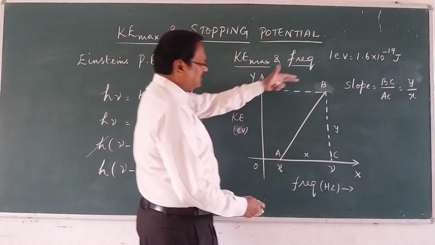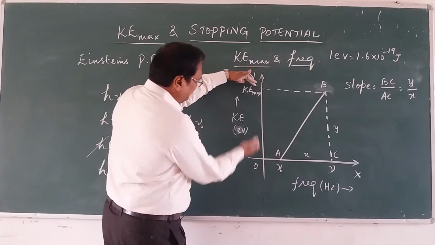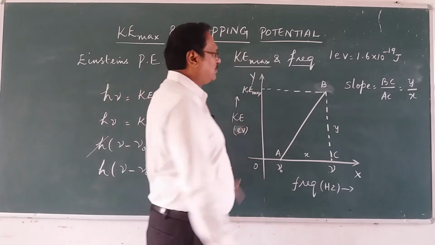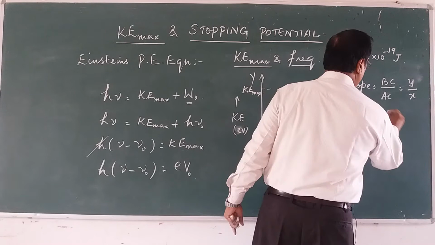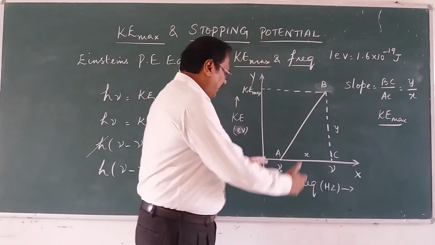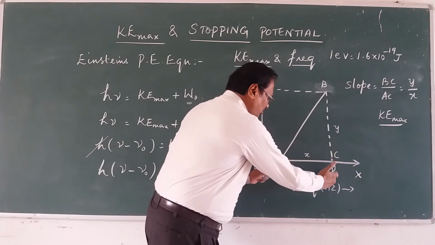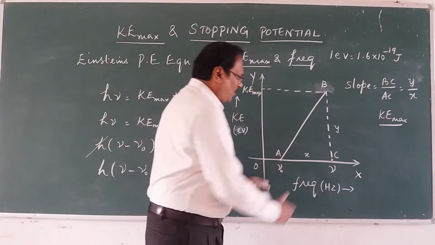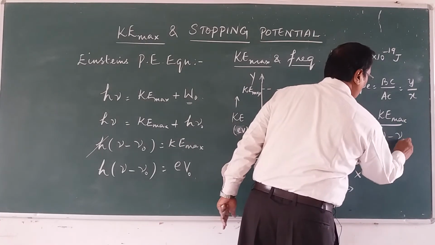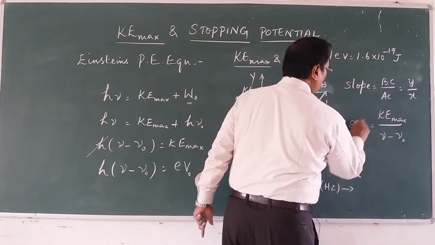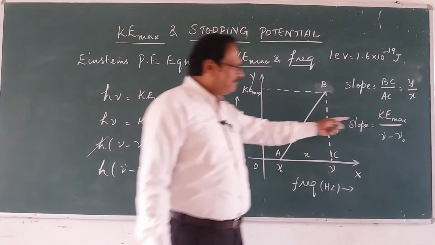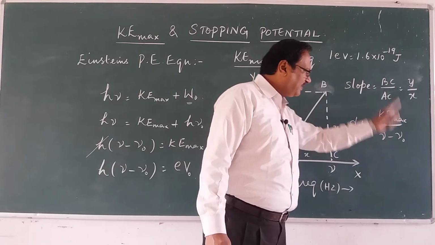Now what is BC? BC is kinetic energy maximum, because we have started from the origin. So kinetic energy maximum divided by, what is AC? C is nu and A is nu naught. The difference between these two, that is nu minus nu naught, is equal to the slope of the straight line.